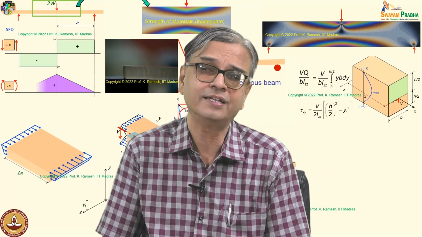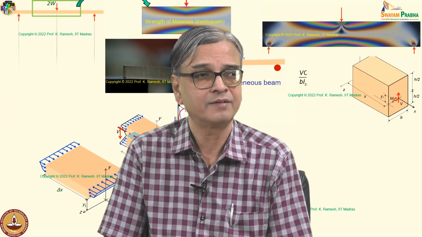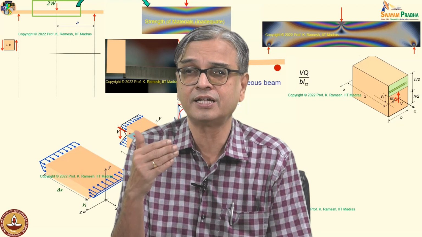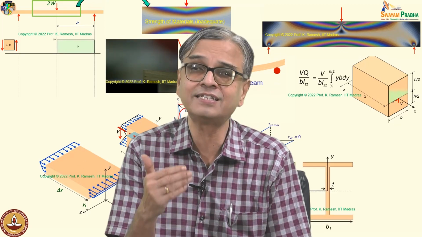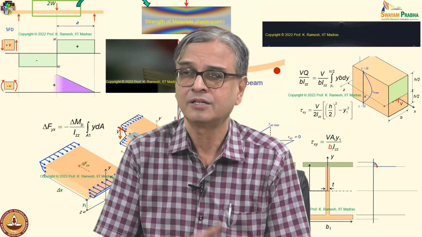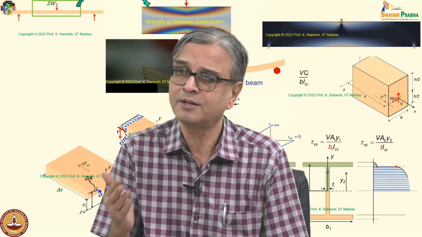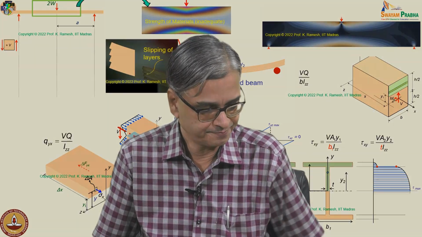Then we have also learned how to calculate the shear stress. We have found that it is 0 on the top and bottom surfaces, and reaches a maximum at the centroidal plane or at the neutral surface, whichever way we have to look at it, from problem to problem. Thank you.